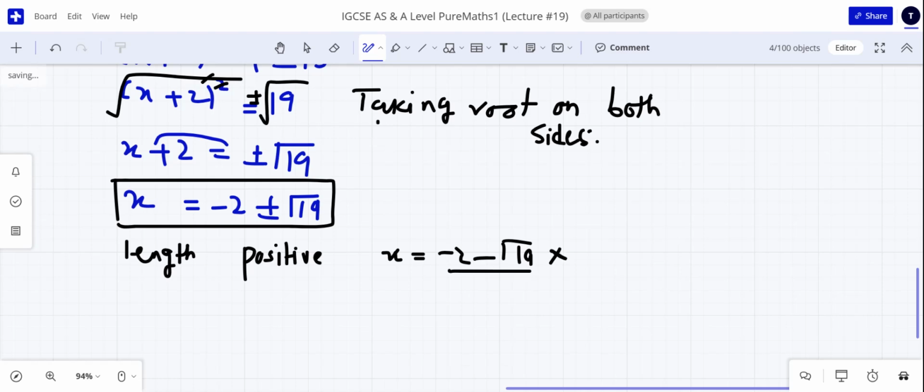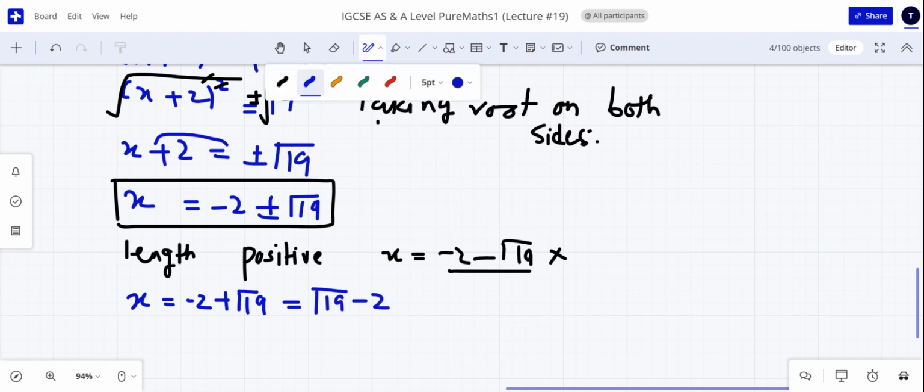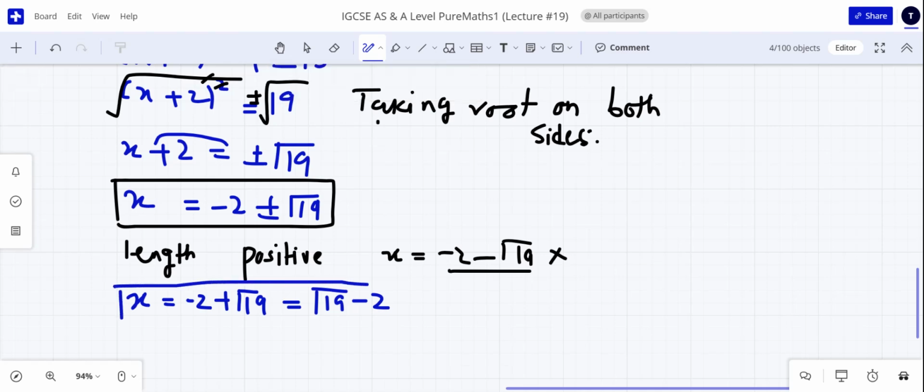So this is not possible. For the given length of the triangle, we will take only one answer, which is minus 2 plus root 19. Instead of this, you can also write root 19 minus 2. This is possible and this is the valid solution for the given question.